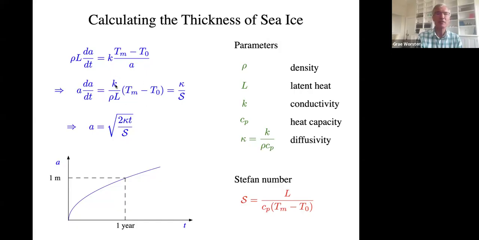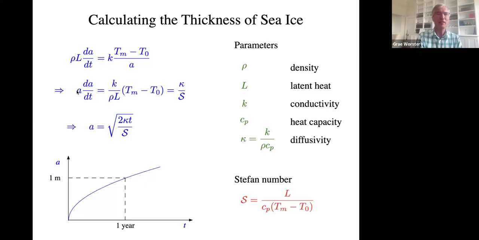And those constants are related to the conductivity, the density, the latent heat, and the temperature difference, which we've all seen. And some of those are put together into this diffusivity ratio of the conductivity, the density, and the heat capacity. Anyway, you can probably solve this equation almost in your head.